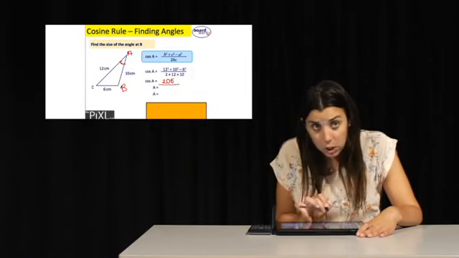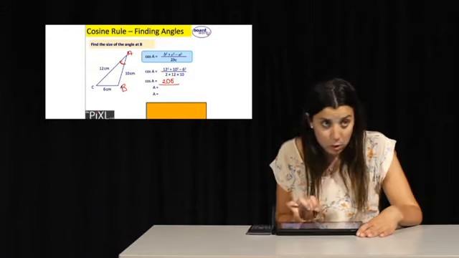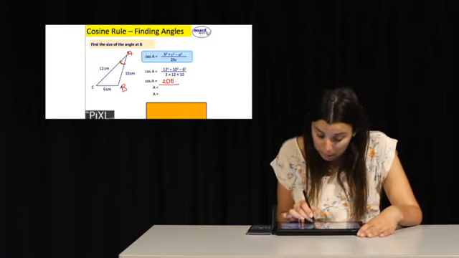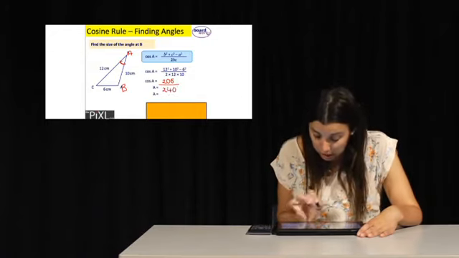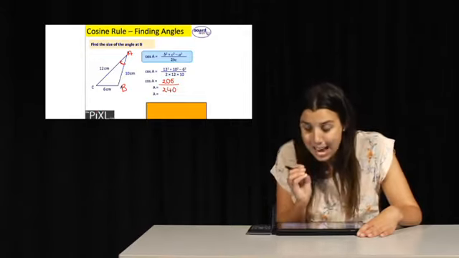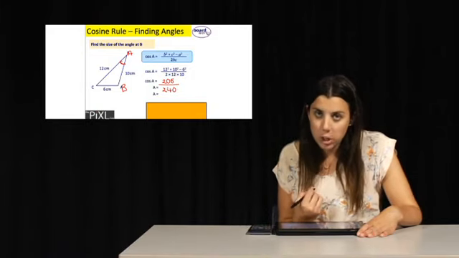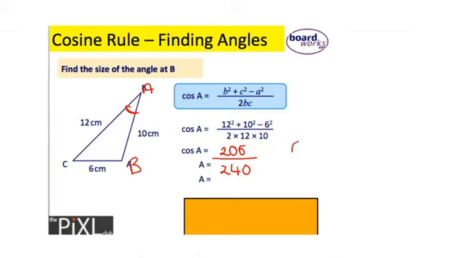And then we're going to be dividing our 206 by 2 times 12 times 10. 2 times 12 is 24, multiplied by 10 is 240. That's for cos A. I don't want cos A, we need A. So what we're actually going to have to do here, just like we use in the sine, we're going to be using the inverse function. So we're going to be using cos to the minus 1, bracket 206, our first value, divided by 240.